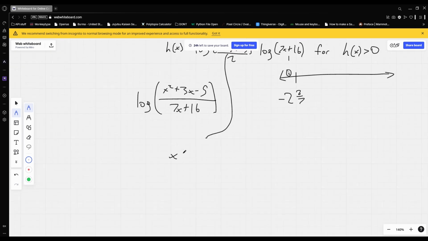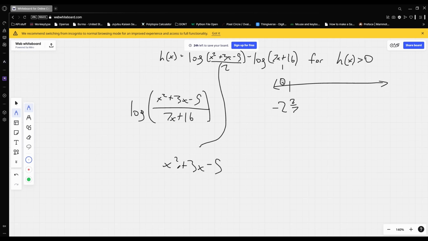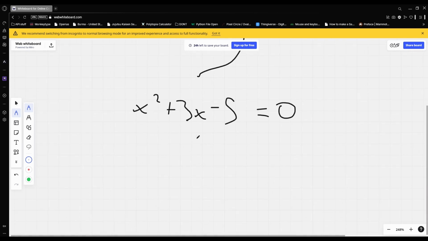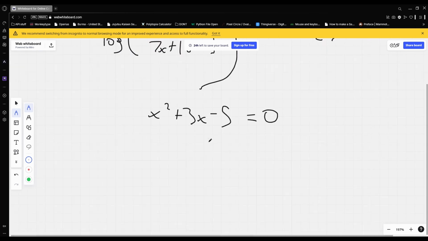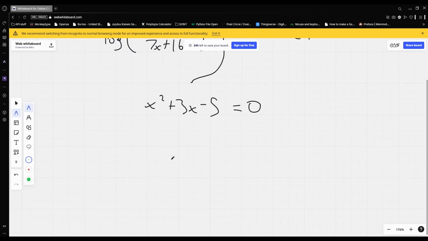So x squared plus 3x minus 5. Set this equal to 0. And then, okay, let's factor this. We can't factor this. So what do we do? We plug it into the quadratic equation.